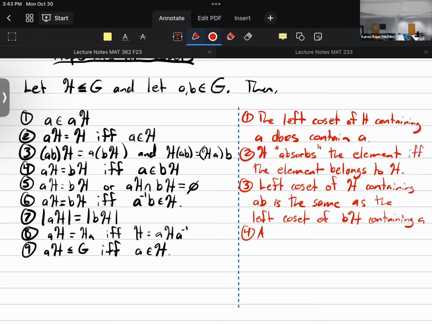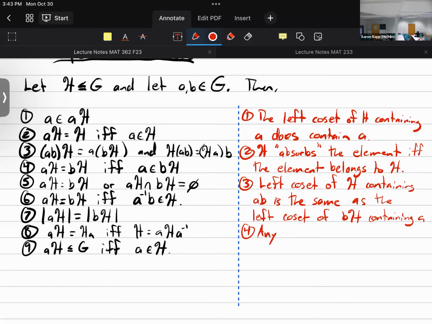Fourth one is any element of a left coset can be used to represent the coset.